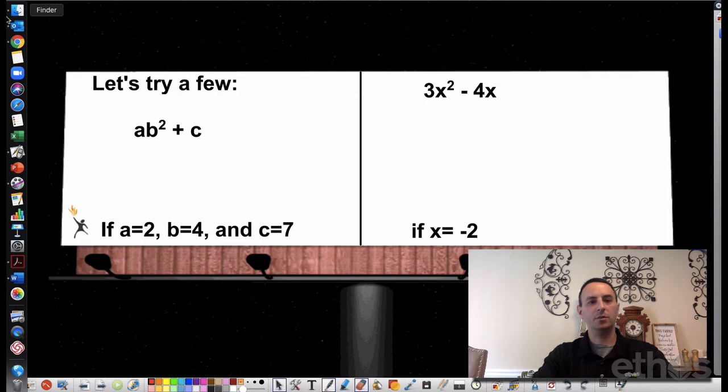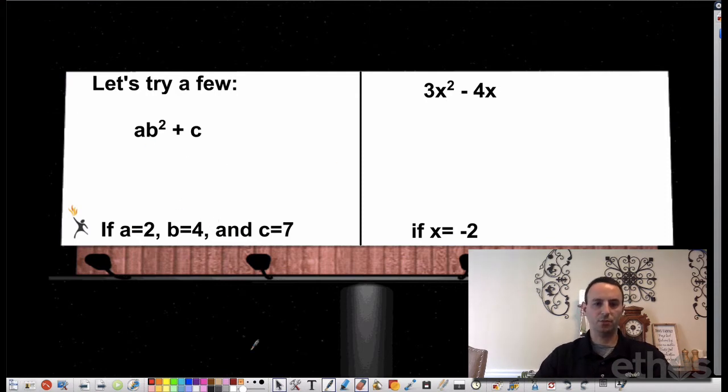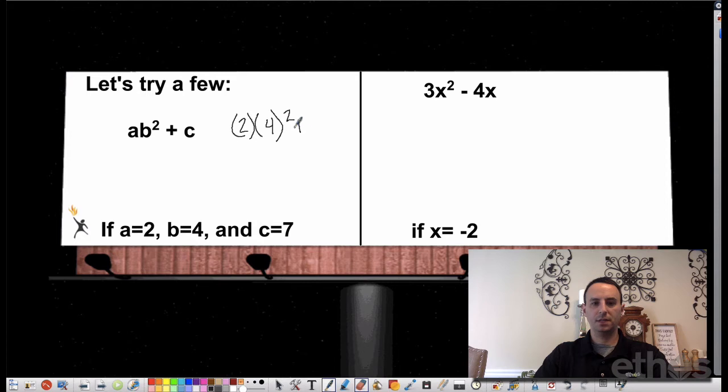Let's try a couple of more challenging, more in-depth problems, which is what we're going to be seeing more of today. We start with a times b squared plus c. It's really important that you follow the order of operations and the plugging everything in. If we know a is 2, put it in parentheses, b is 4, plus c, which is 7.